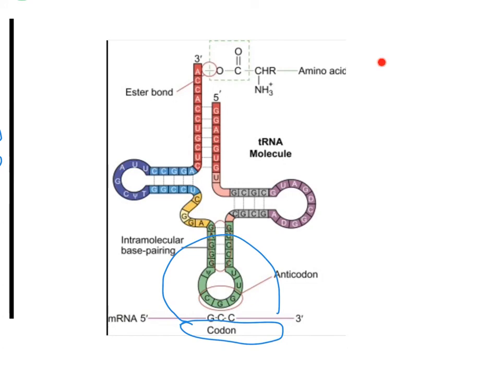Now, you should know that the amino acid that comes with the tRNA represents the codon and not the anticodon. So, for example, the amino acid that would be located on this tRNA, you would look on your codon chart to see what that would be, and it would be the one for GCC. So there it is. That's our tRNA molecule and how essentially it is able to bring in the correct amino acid. It does so by having that complementary anticodon.